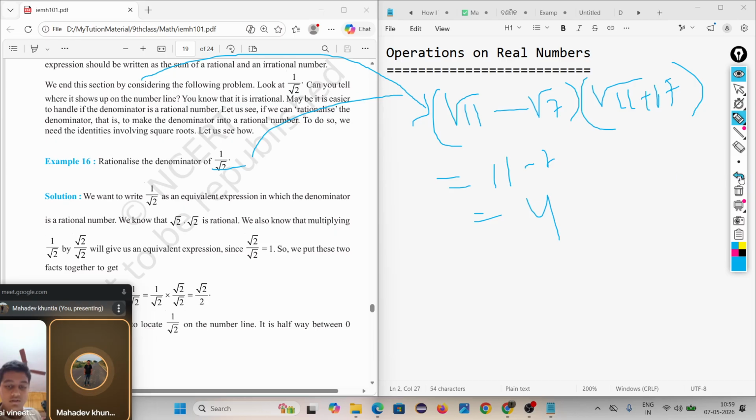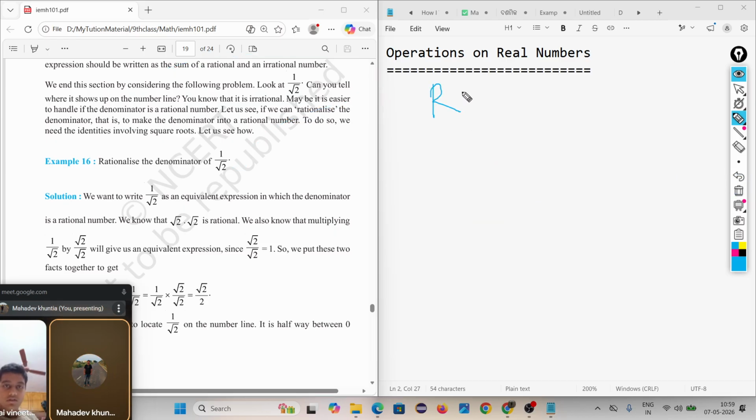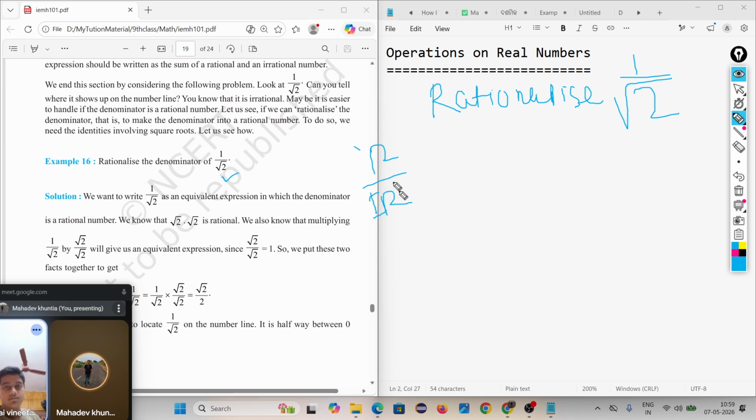Then the new concept is rationalize. It means the denominator is irrational, like this: rationalize 1 upon root 2. Think: rational divided by irrational, your answer will be what? Irrational, sir. Then here you have to do the rationalization. What is the meaning of rationalize? We want to write 1 upon root 2 as an equivalent expression in which the denominator is a rational number.